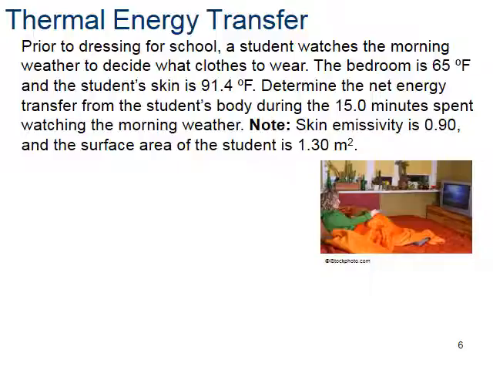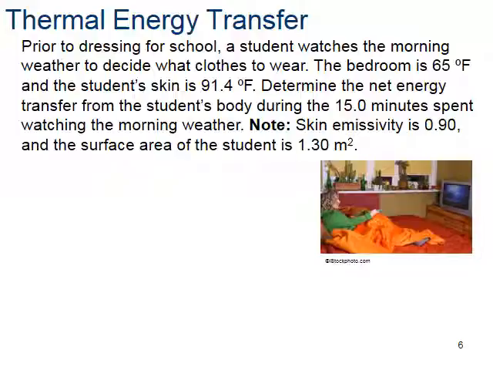We want to know what the net energy transfer from your body is if you sit there for 15 minutes watching the weather. So a couple things we need to know. Your skin emissivity is 0.9, and the surface area of your skin is 1.3 square meters.